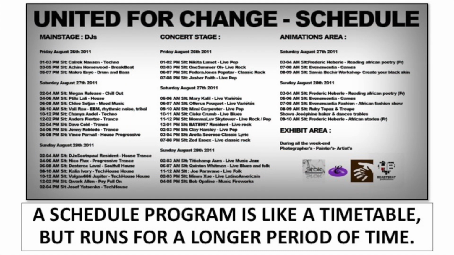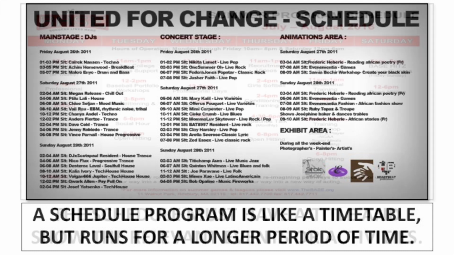A schedule program is like a timetable, but runs for a longer period of time. Like I explained before, usually they'll run for a few days, or maybe weeks, and even months.